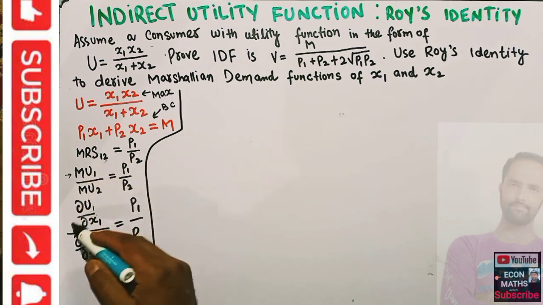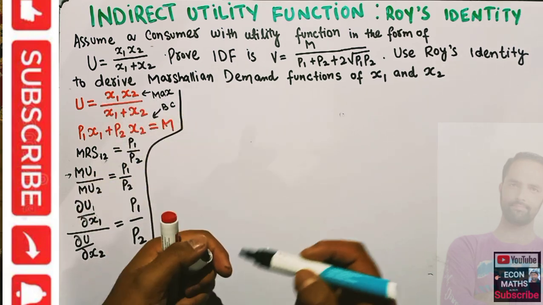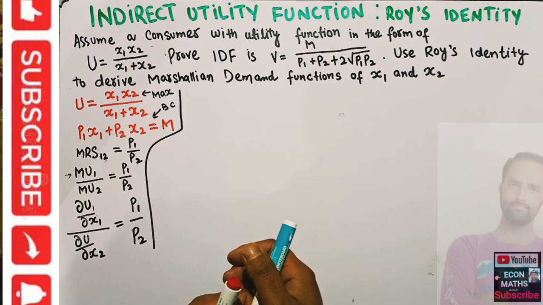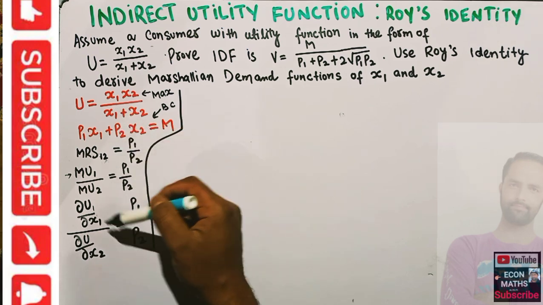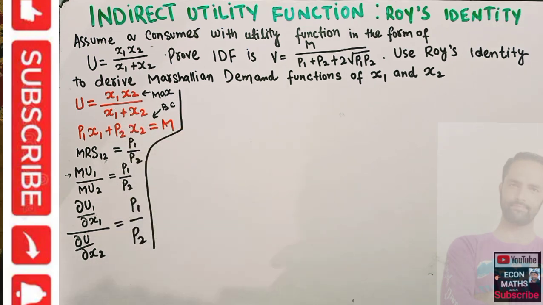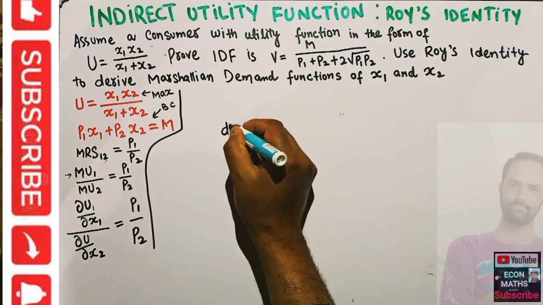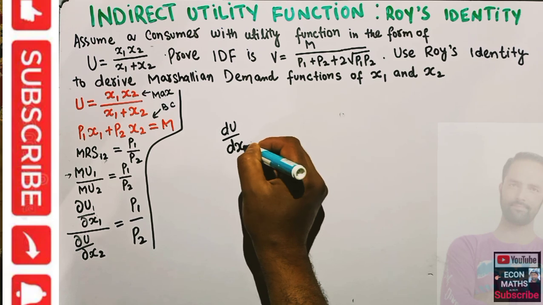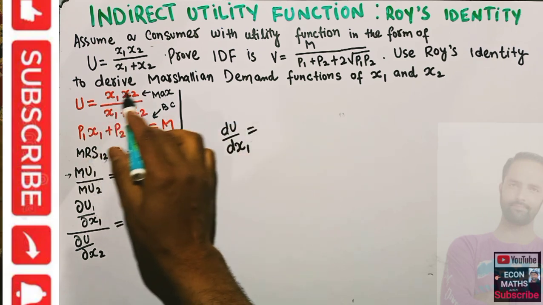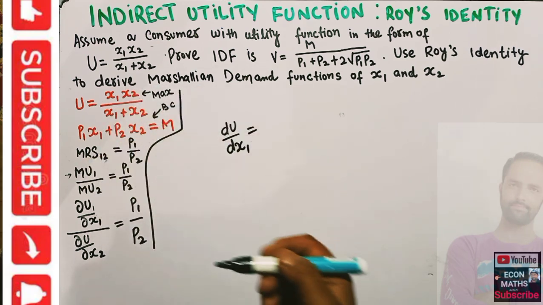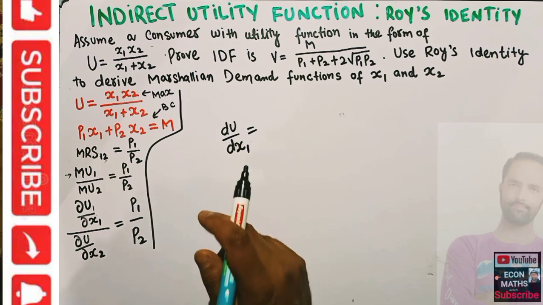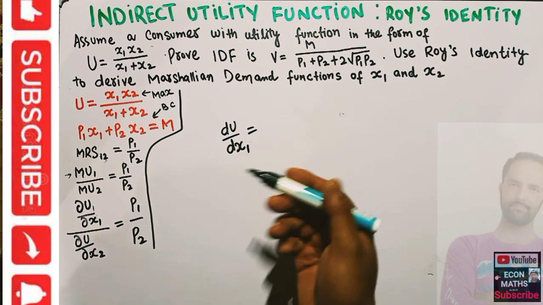It means partially differentiating this utility function with respect to x1. Let me show how I will derive it. Here we will use the quotient rule.